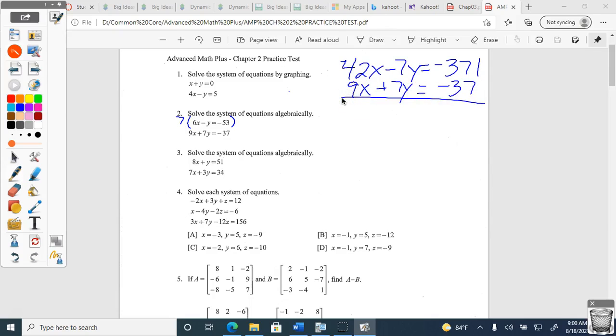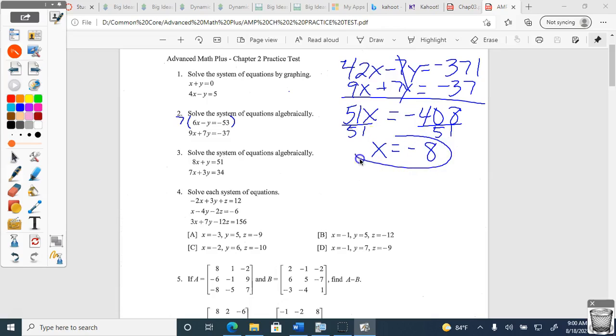I know 42 plus 9 is 51x. I know that cancels, but what is -408? Thank you. And then we're going to divide that by 51. -8. That's half of my answer. I take that, plug it in, and get y.